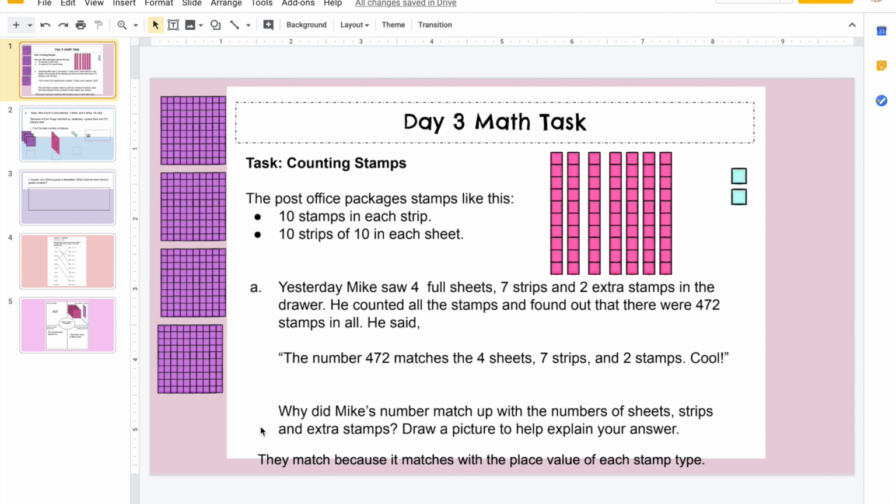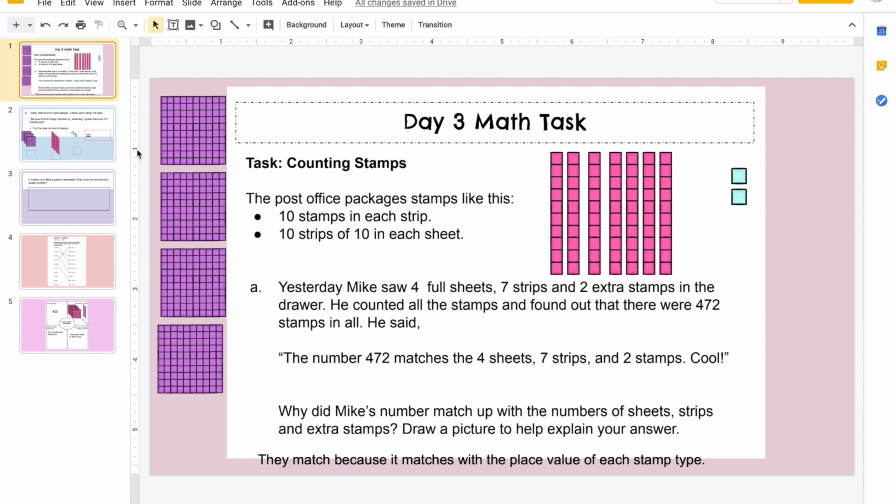So drawing your picture, you can use base 10 blocks. And as you can see, something interesting here is if we use the information that was given to us, it says there are 10 stamps in each strip. So our 10 bars are going to represent our strips of stamps. And then it says there are 10 strips of 10 in each sheet.